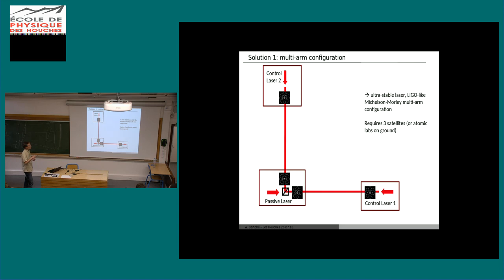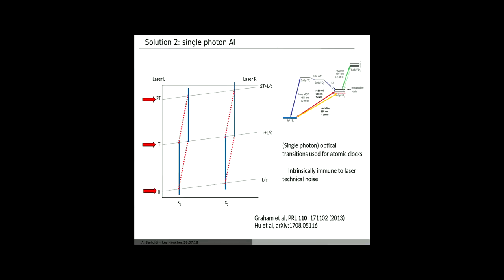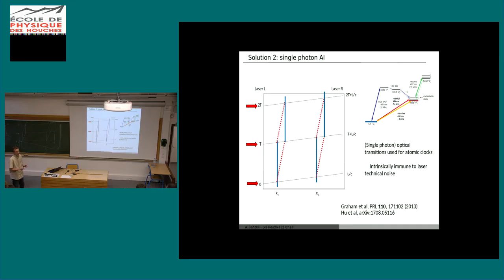And the same for laser control 2. Here is the passive laser, the one that is always on, and to which you are sensitive here and there, but in the same way, because you split this photon in 2, exactly like LIGO. And so in this way you can become insensitive to its effect. You then need 3 satellites or 3 labs on ground.